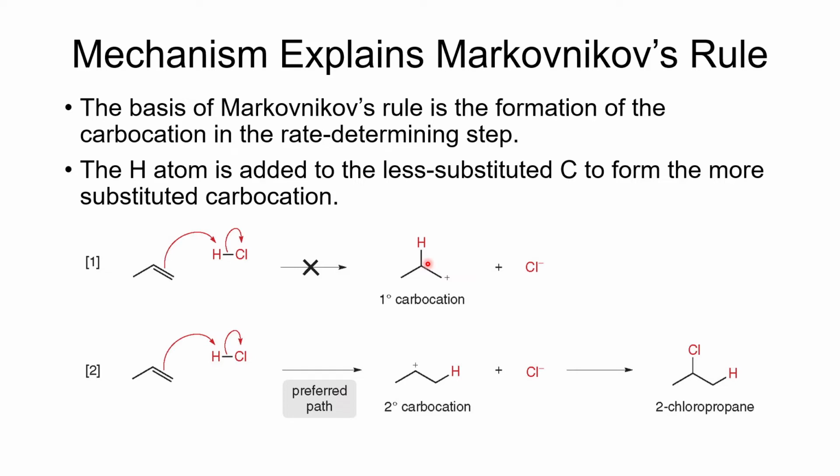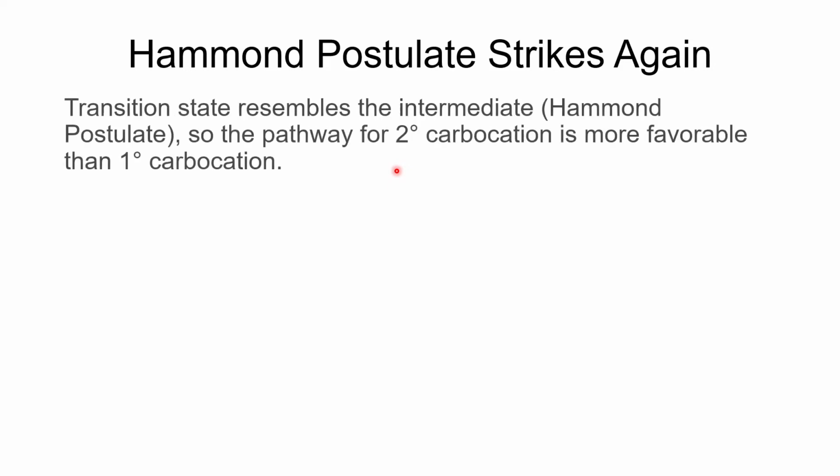And that is, the stability of the product isn't so much the big deal, it's the transition state energy and the activation energy. Well, that's where the Hammond postulate comes into play. So again, we can use the Hammond postulate to explain something in our mechanism.